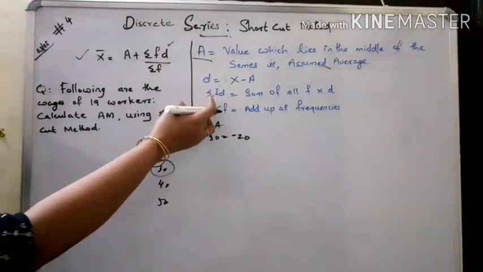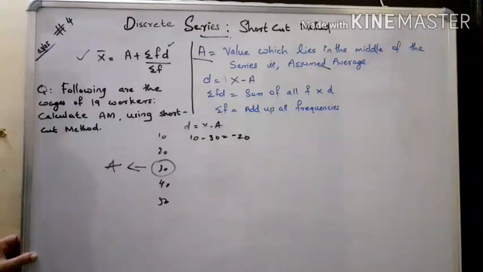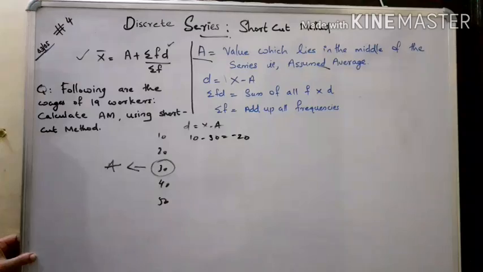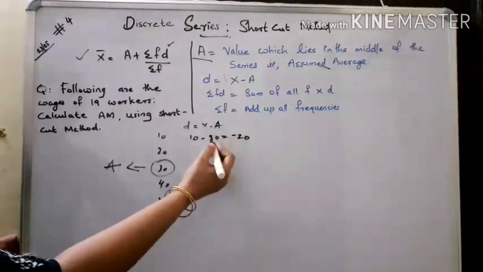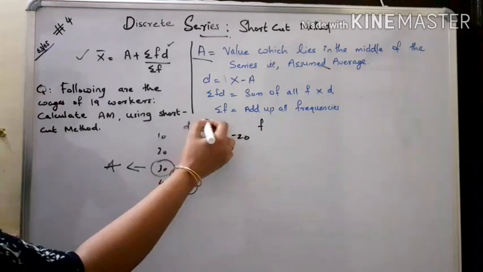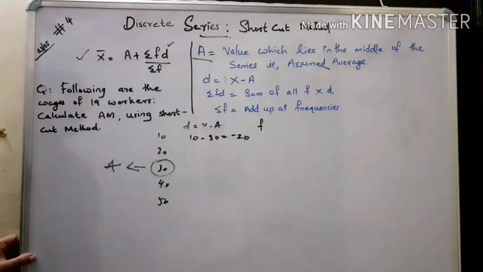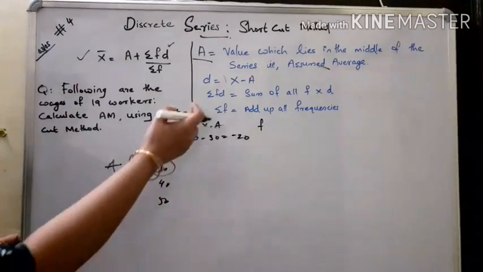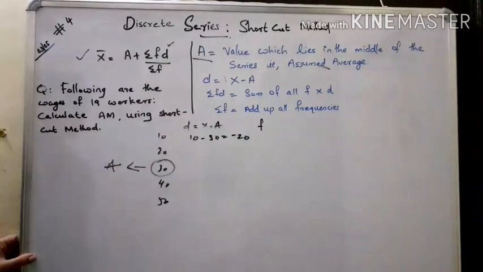Then next, third, sigma fd. Sigma fd means the sum of all f into d. F means frequency. You multiply the frequency with this deviation and you get fd. Then the sum of fd we call sigma fd.